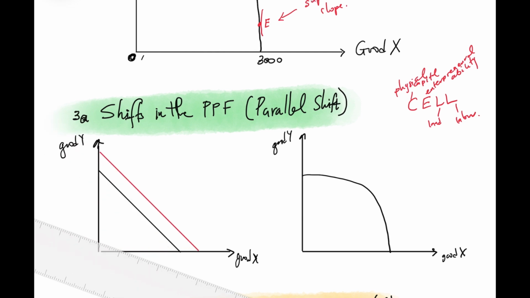That is a shift outward from the black to the red. In terms of our bowed-out PPF, right, a parallel shift outward will look exactly like this, and for the same reasons the linear one shifted outward.